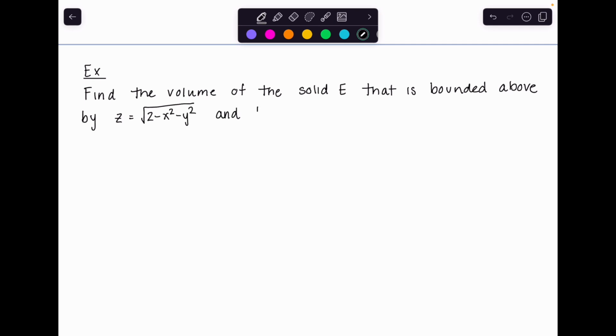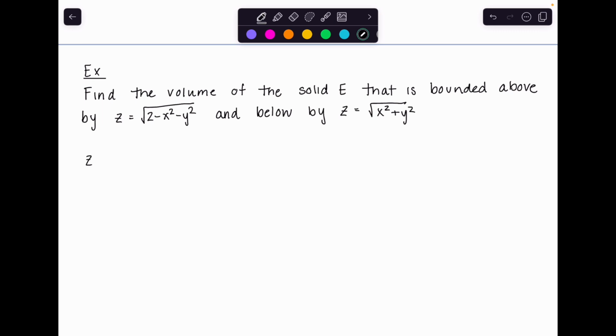And it's bounded below by z equals the square root of x squared plus y squared. So again, to be able to find my bounds on these things, I have to be good at getting a drawing for this picture. So I want to start by drawing each of these things.